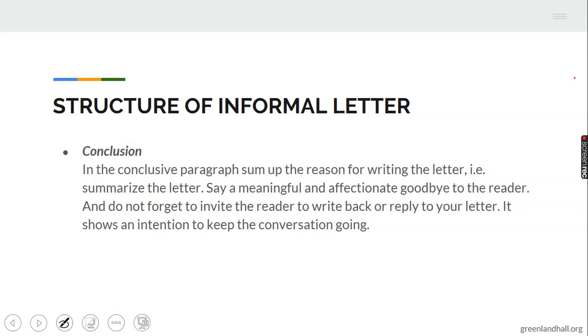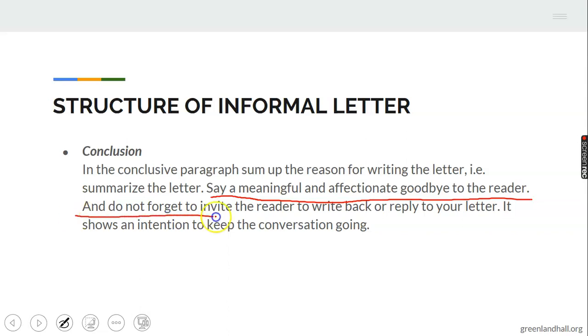And the last thing is the conclusion. Here you do a summary. Sum up the reasons for writing the letter. Then say a meaningful, affectionate goodbye to the reader. You can extend your greetings to your parents, your friends, and family, and so on. Then don't forget to invite the reader to write back.